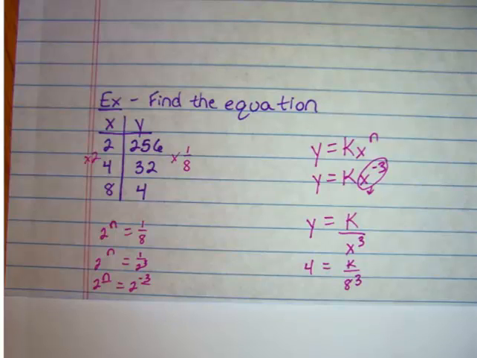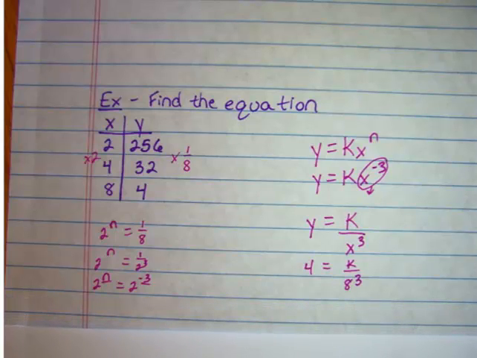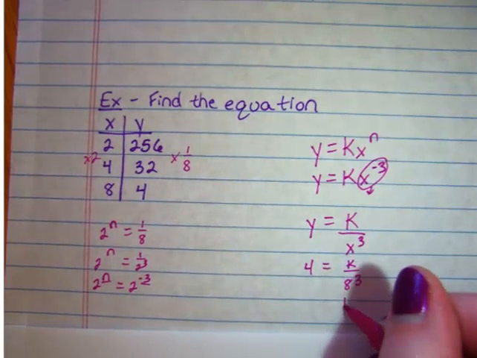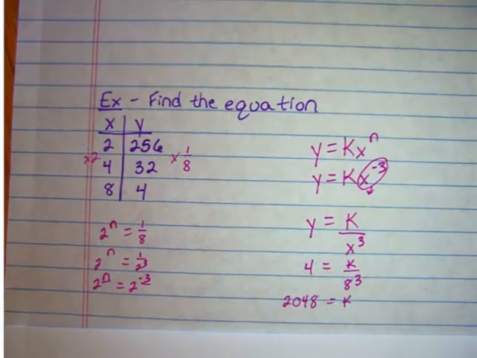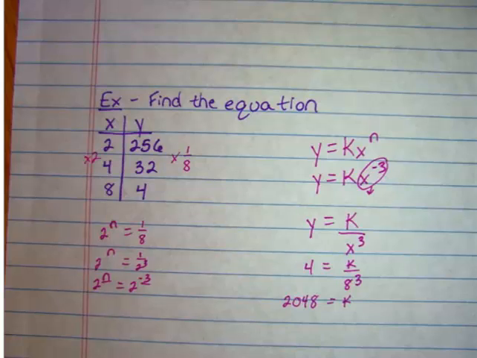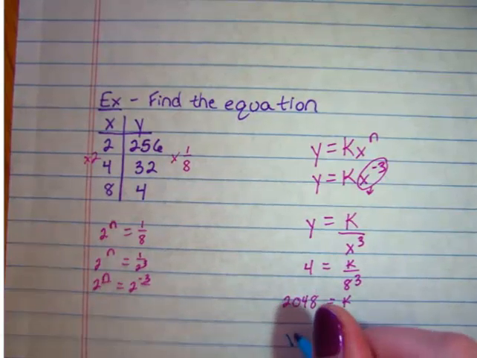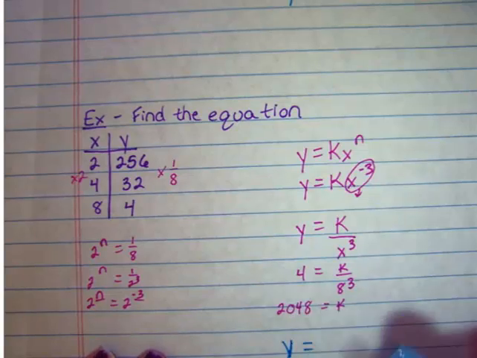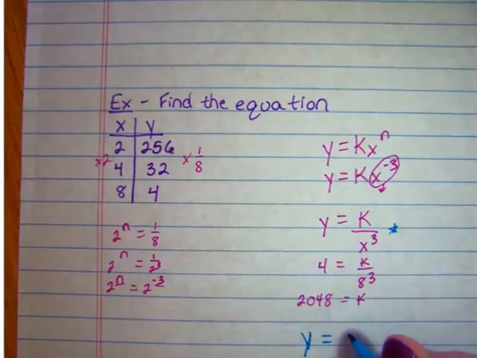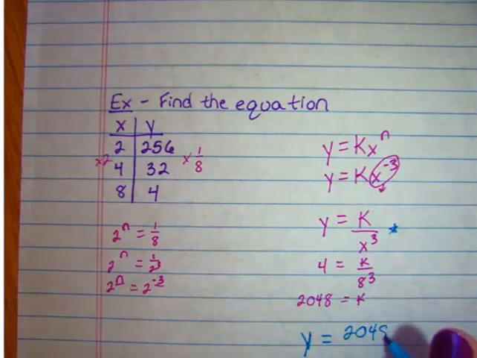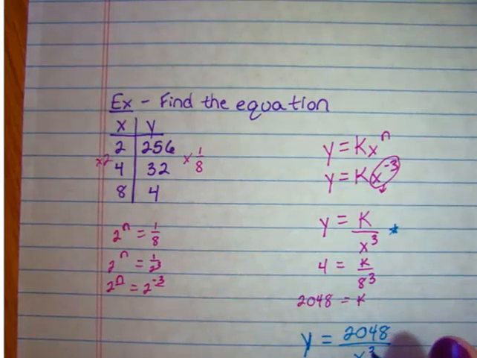Go through and do my calculator, take 8 cubed, multiply both sides by 8 cubed. K therefore equals 2048. So my equation therefore is y equals, I found my k value, so this is the equation I'm working off of, 2048 over x cubed.